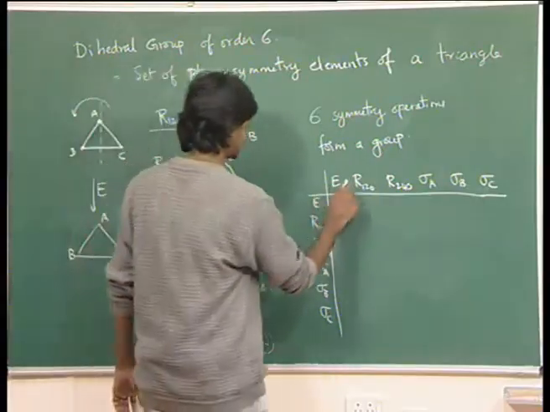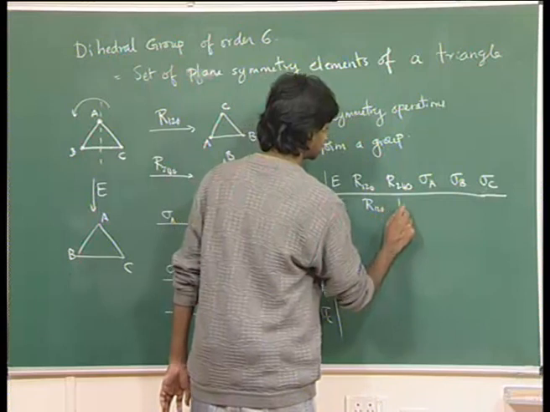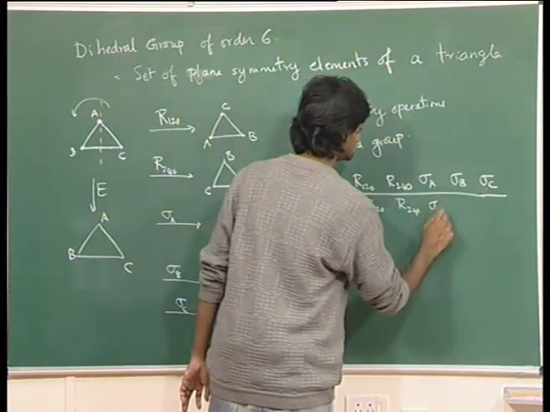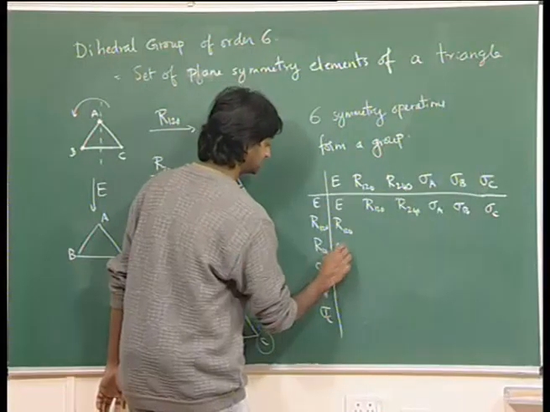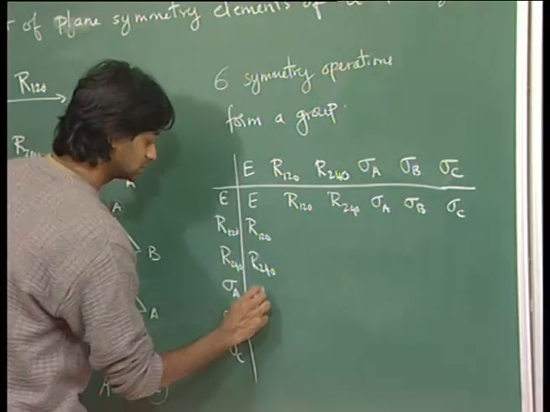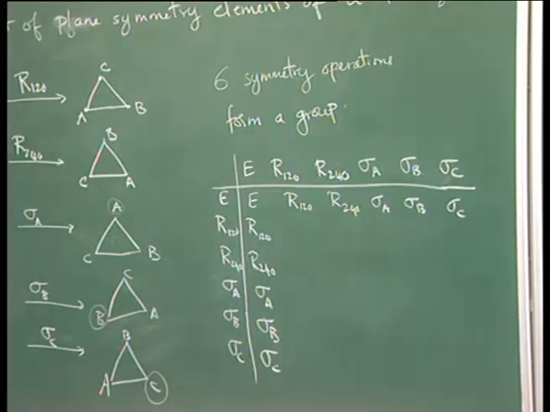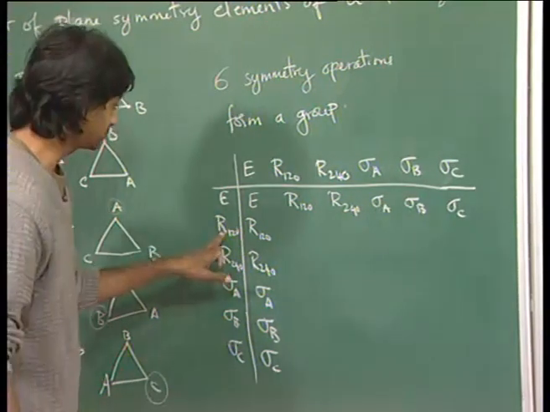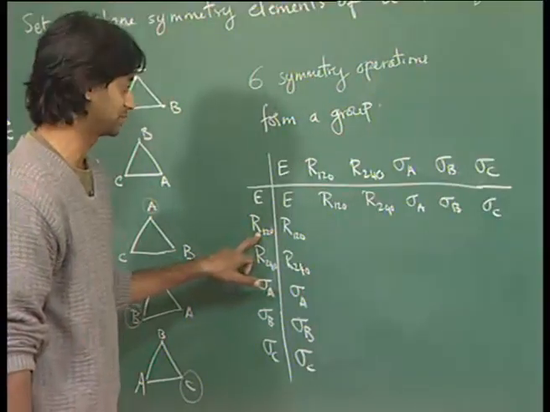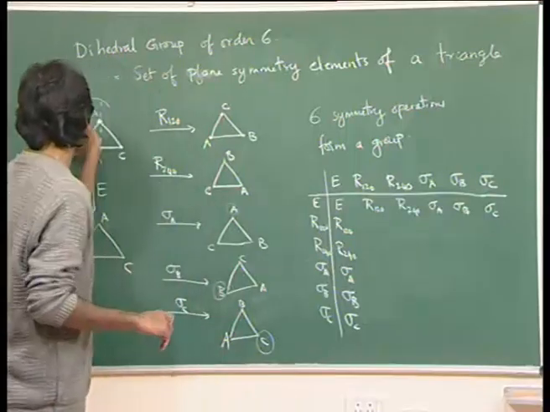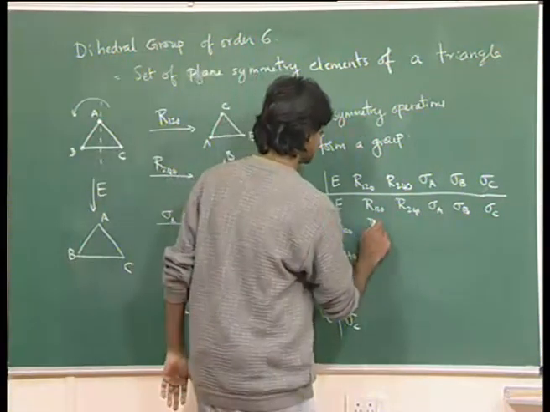So, clearly you can look at this and you can write the first row. Similarly, you can write the first column. So, this part is easy. Then you ask, what is the product of these two operations? That means you operate first by R120 and then again by R120, and it is very obvious that if I rotate once by 120 degrees and again by 120 degrees, that corresponds to rotation by 240 degrees.